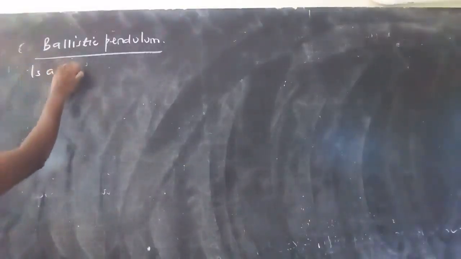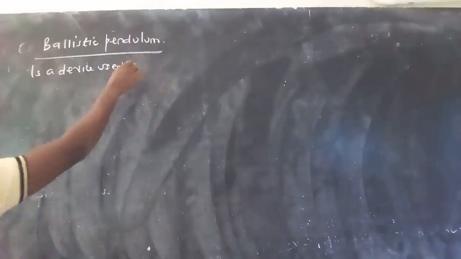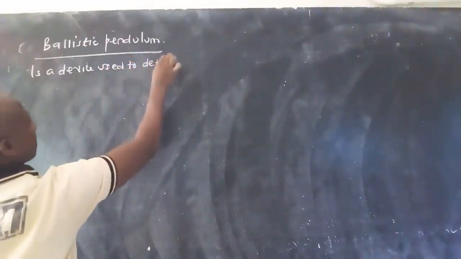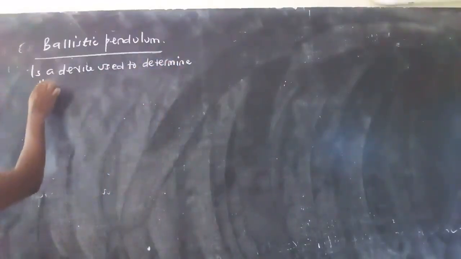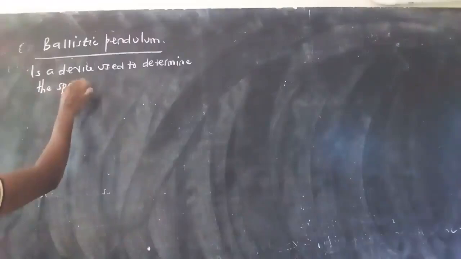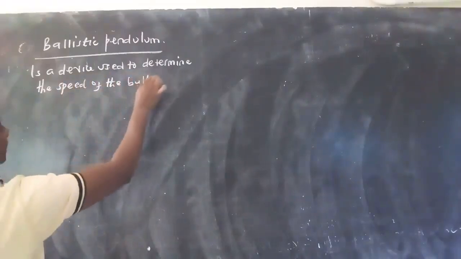So we proceed. We go to the ballistic pendulum, which is a device used to determine the speed of the bullet.